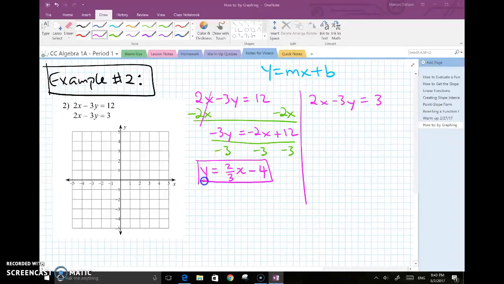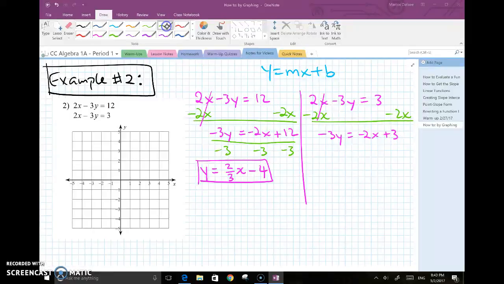Now that's not the answer that we walk away with. This is just a stepping stone to get our graph. Now I do the same thing with the right equation. I start with my x term, so that's positive 2x, therefore the inverse is negative 2x. I put that over here. Like last time, these two eliminate. I get negative 3y. On the right side, I have negative 2x and a positive 3.